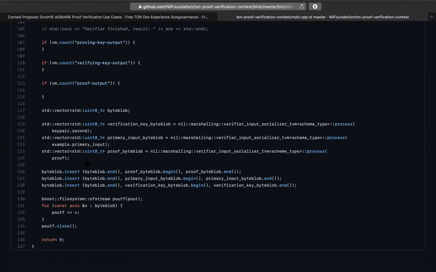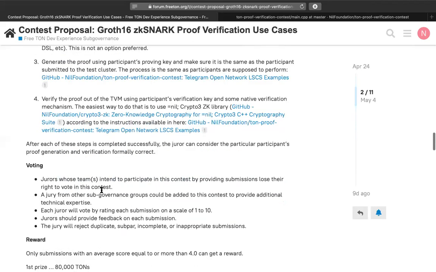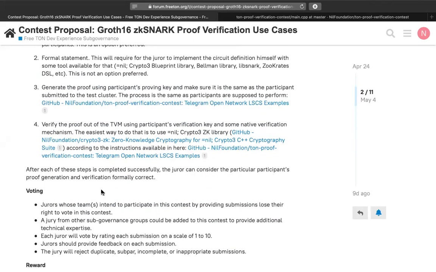It will not be required. And after that, in case such a two-step verification is successful, the participant submission can be considered valid. That's how you do it.